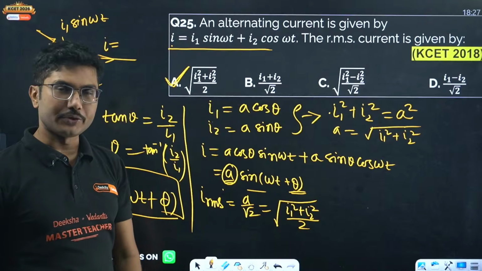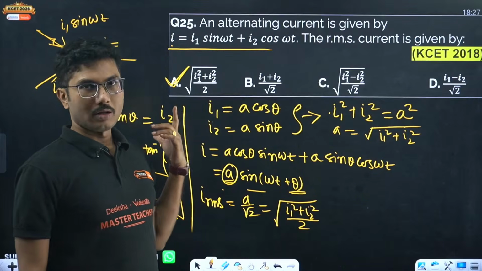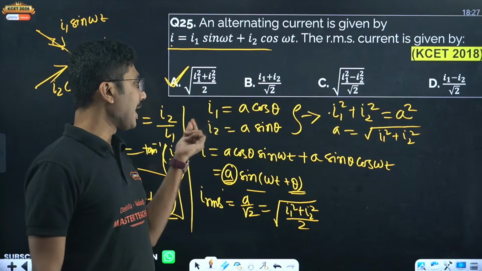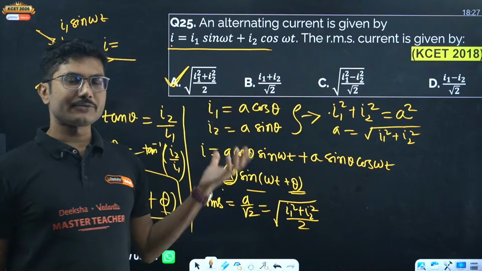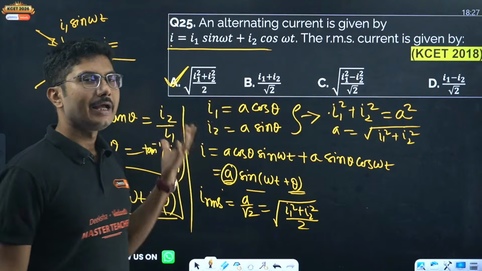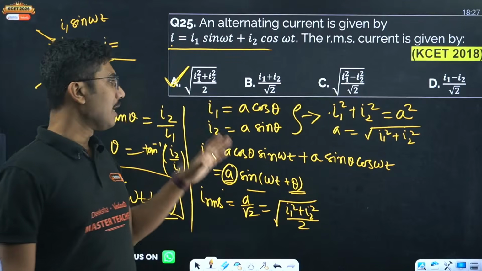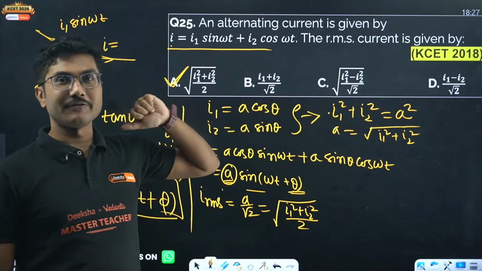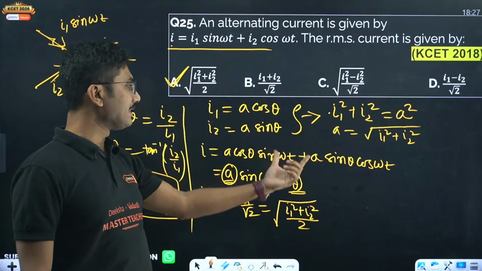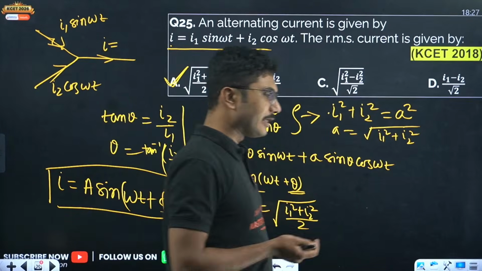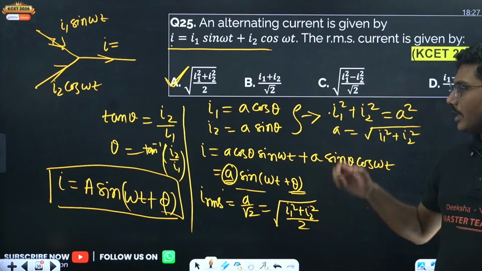We have to assume that I1 is equal to A cos theta and I2 is equal to A sin theta. This kind of substitution you do every day in mathematics when you are solving integrations. In integrations many times this kind of function is given, and you substitute this and convert it into only one sine function so that your integration becomes easier, right?